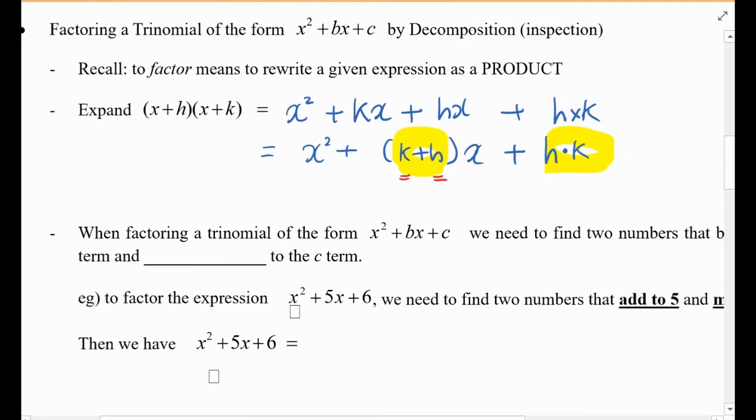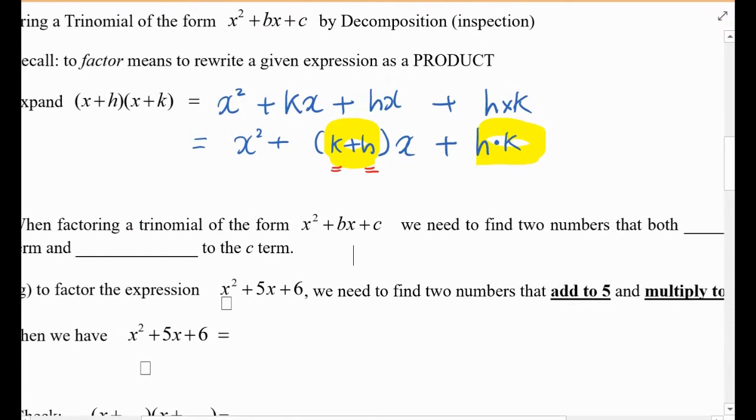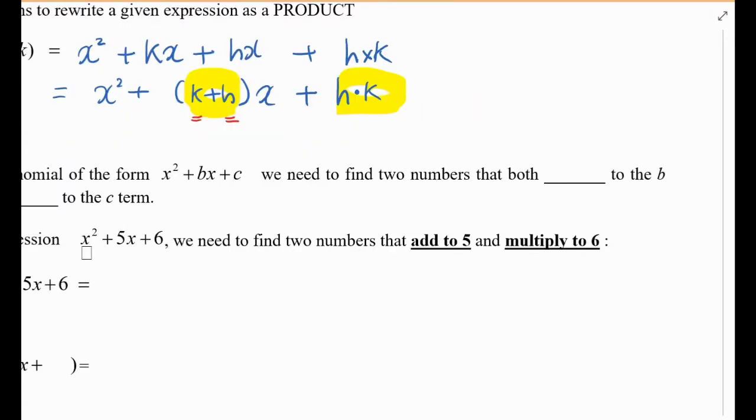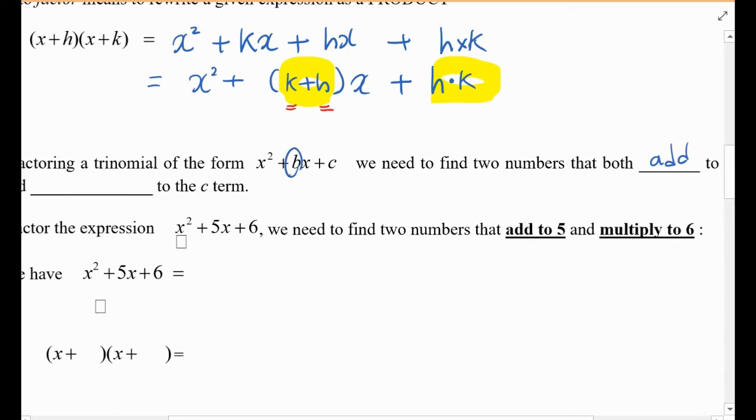So when factoring a trinomial of the form x squared plus bx plus c, we need to find two numbers that both add to b. So b is k plus h, right?